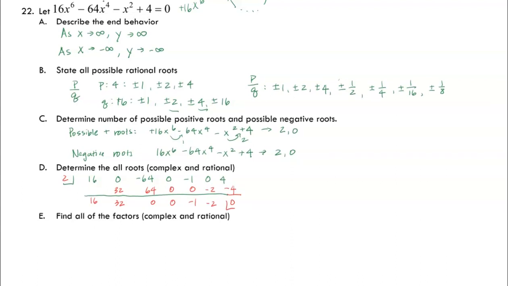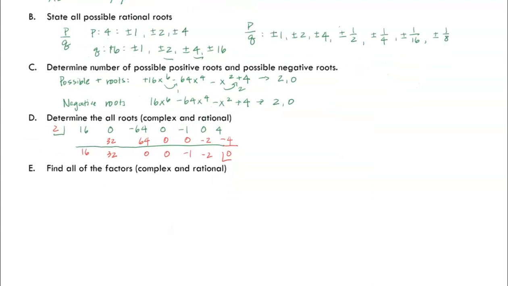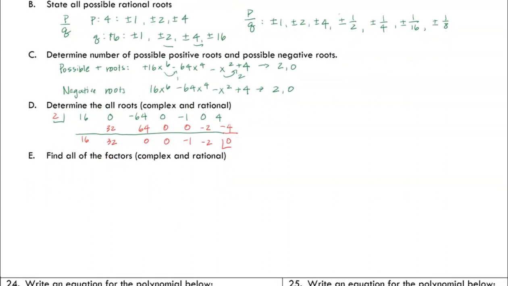It reduces down to x to the 5th. Wow. Okay. 16, 32, 0, 0, negative 1, negative 2. Let's go ahead and try again. No, 1's not going to work. 2 again?